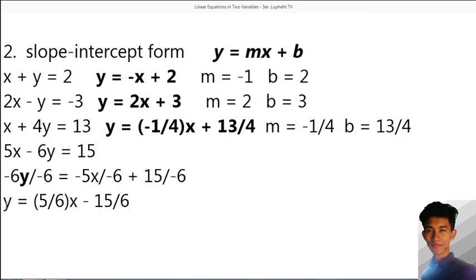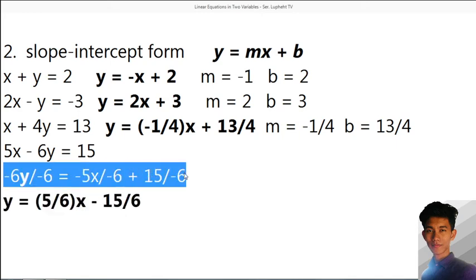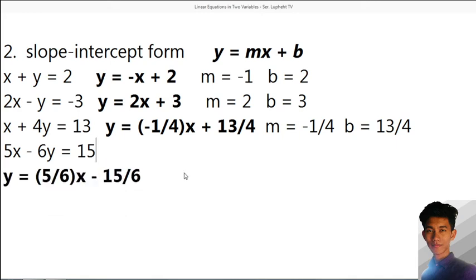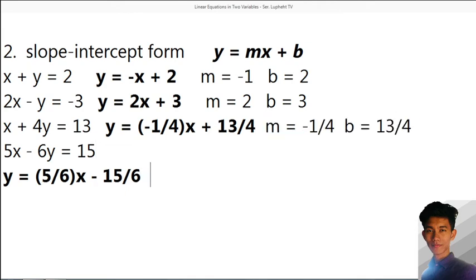So, ito na po ang ating slope-intercept form. Now, identify natin yung kanyang m and b. Okay? Yung corresponding niyang slope and b, yung y-intercept. So, m and b, ano-ano yan? So, according sa ating slope-intercept form, yung m natin ay 5 over 6.